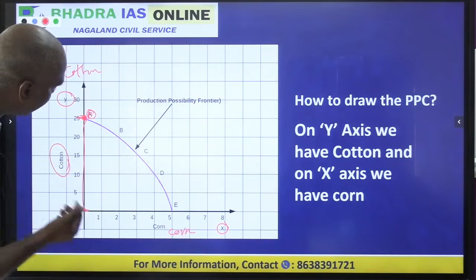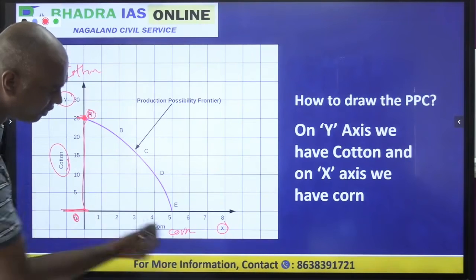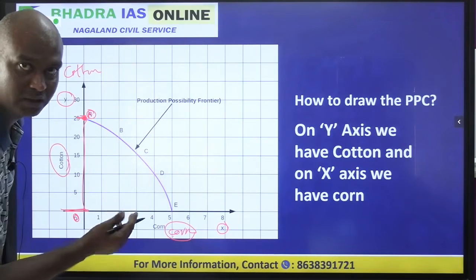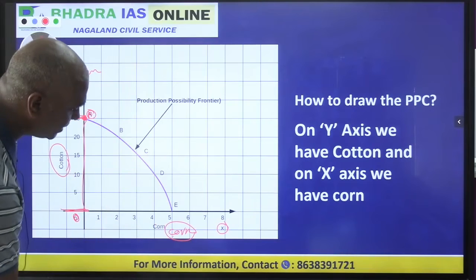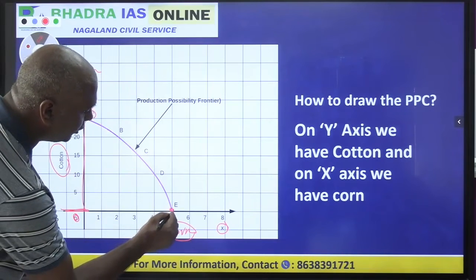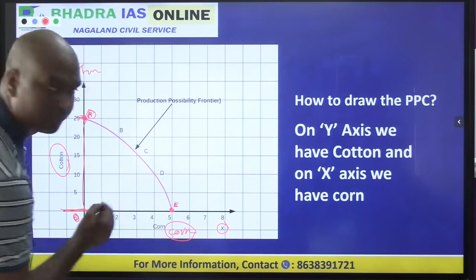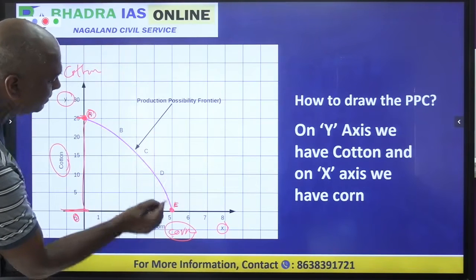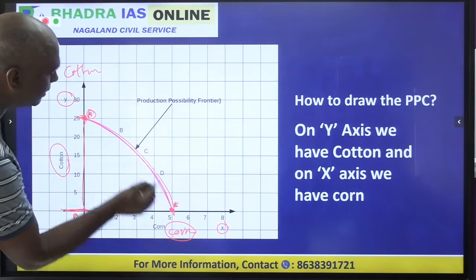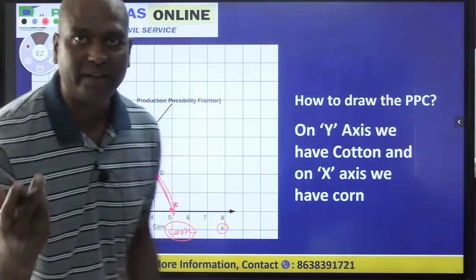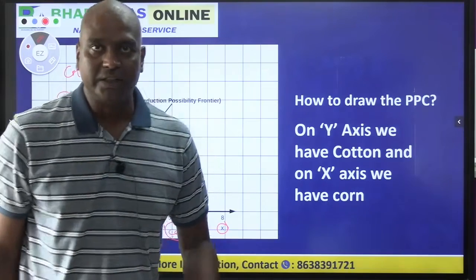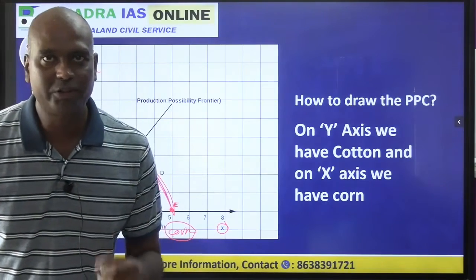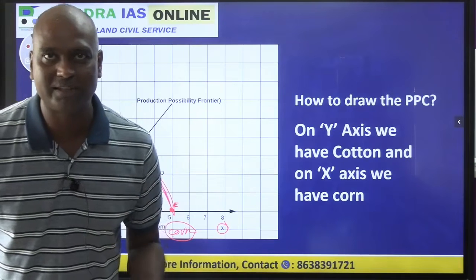Similarly, if I say I don't want to produce cotton, I will only produce corn, right? Then what is my capacity to produce? I am able to produce here at point E, right? So if I connect these two points, it gives me the production possibility curve. Clear? This is a basic syllabus which you need to understand for your exam preparation.